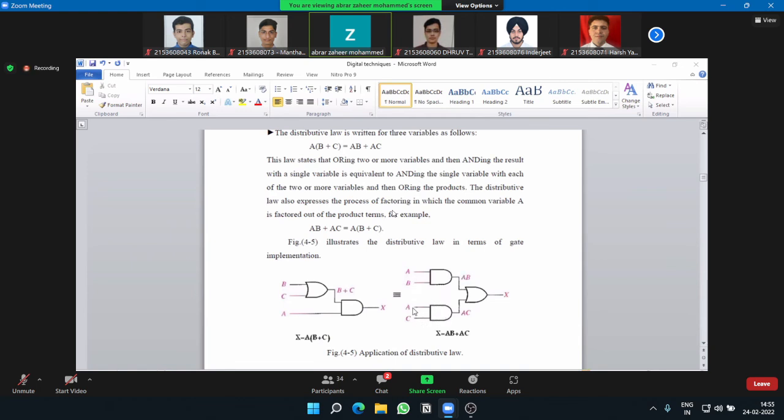Here we are giving the inputs A and C to this AND gate, the output is AC. And here we are giving the inputs AB and AC to this OR gate, so the output is AB plus AC. So distributive law says that A into B plus C is equivalent to AB plus AC.